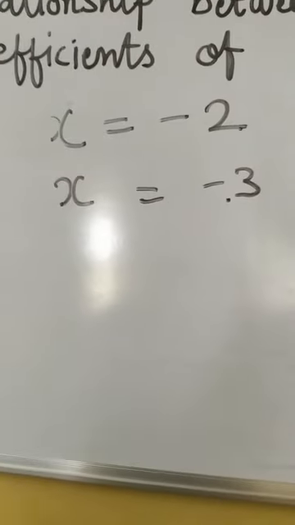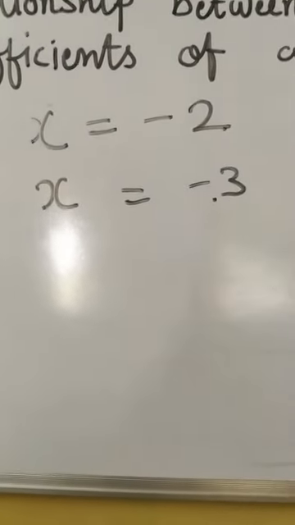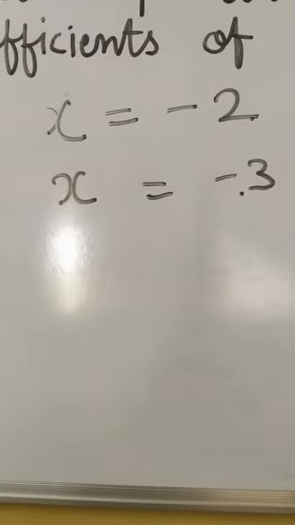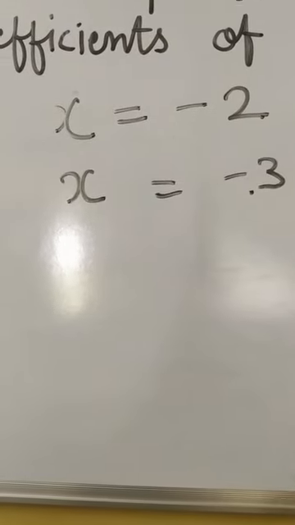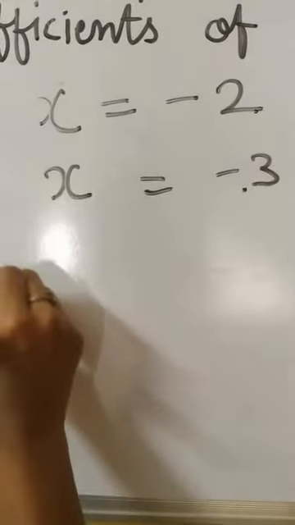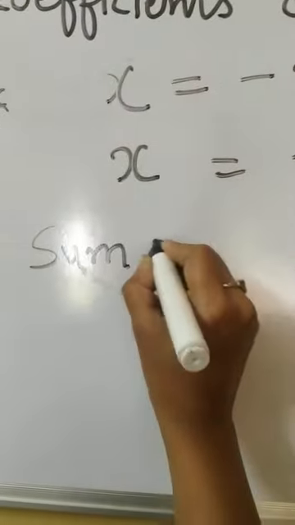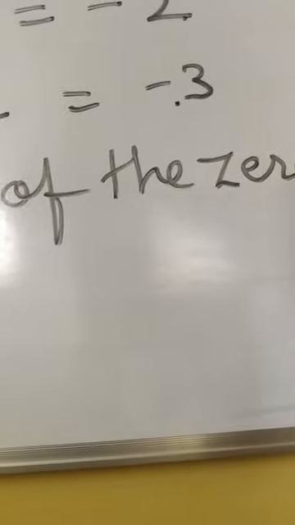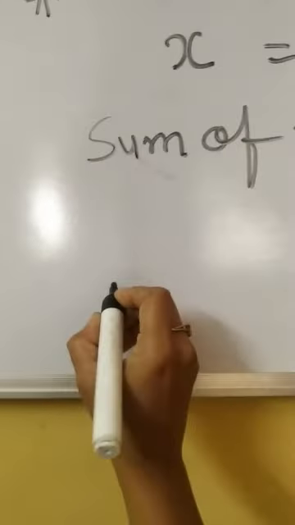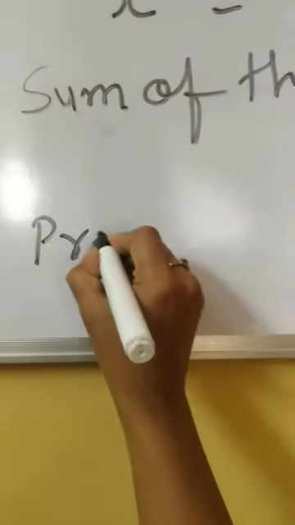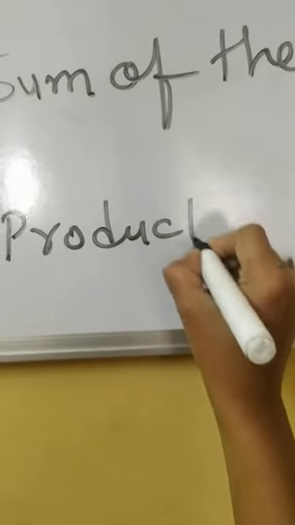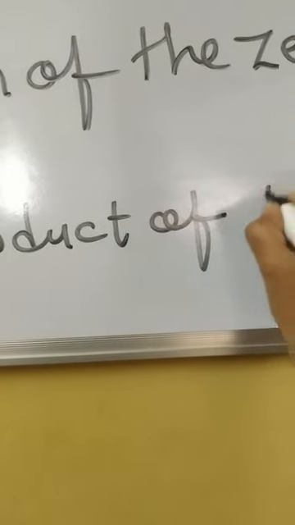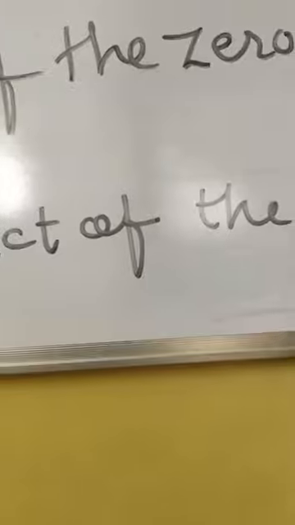So in 10th standard, we have to do one new thing. These things we were doing till the last year. Here we have to find the sum of the zeros, and the another thing is the product of the zeros.